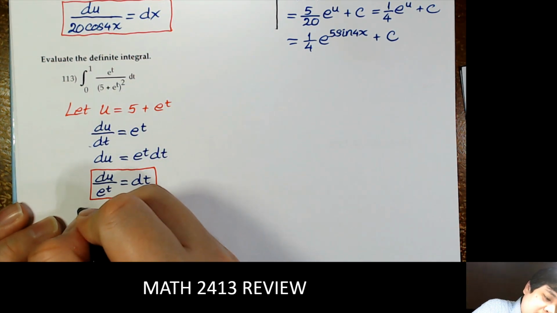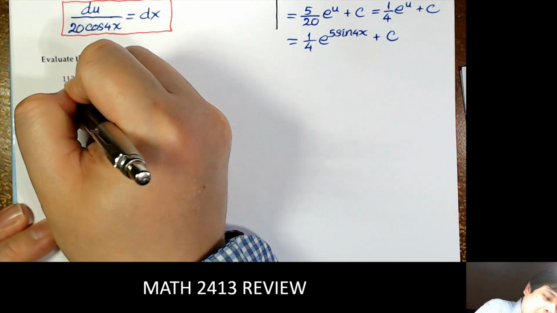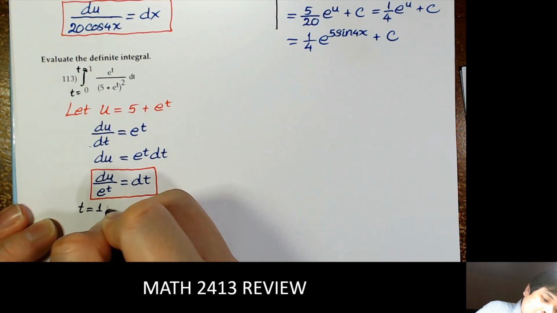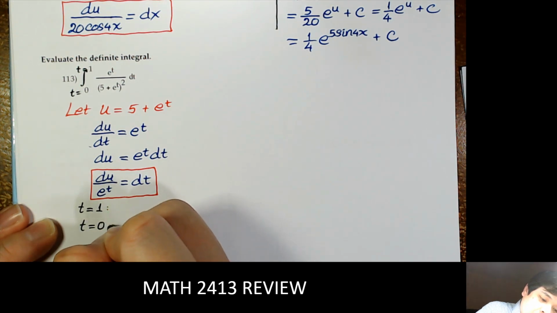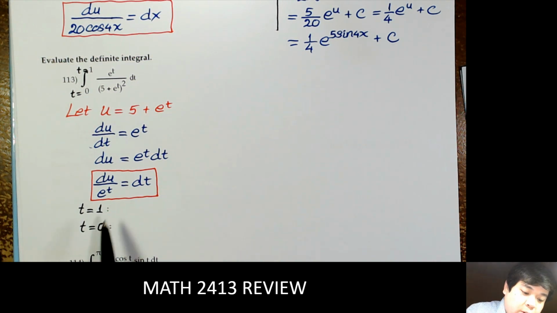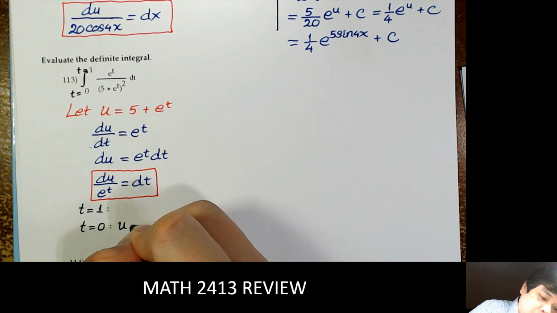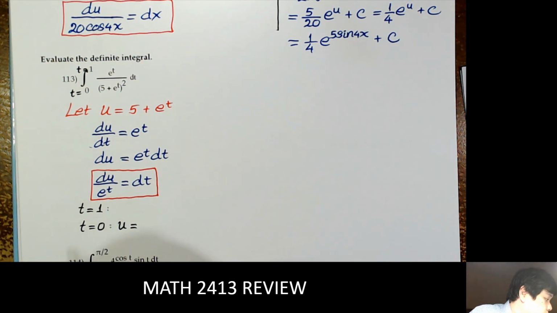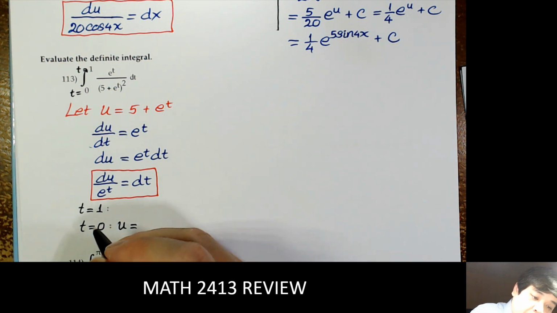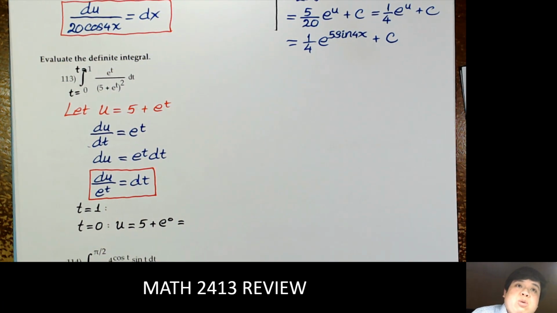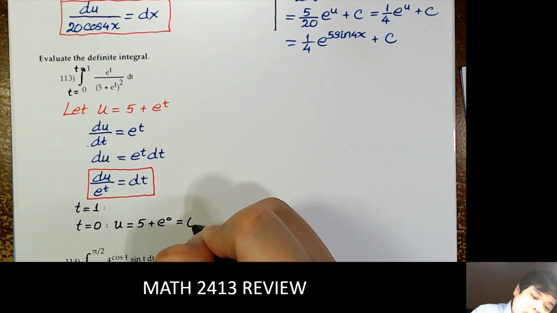Now the limits. Originally t goes from 0 to t equal to 1. When t equal to 0, I'm going to put 0 in here and then put 1 in there. u equals 5 plus e to the 0 power. e to the 0 power is 1, 1 plus 5 is 6.